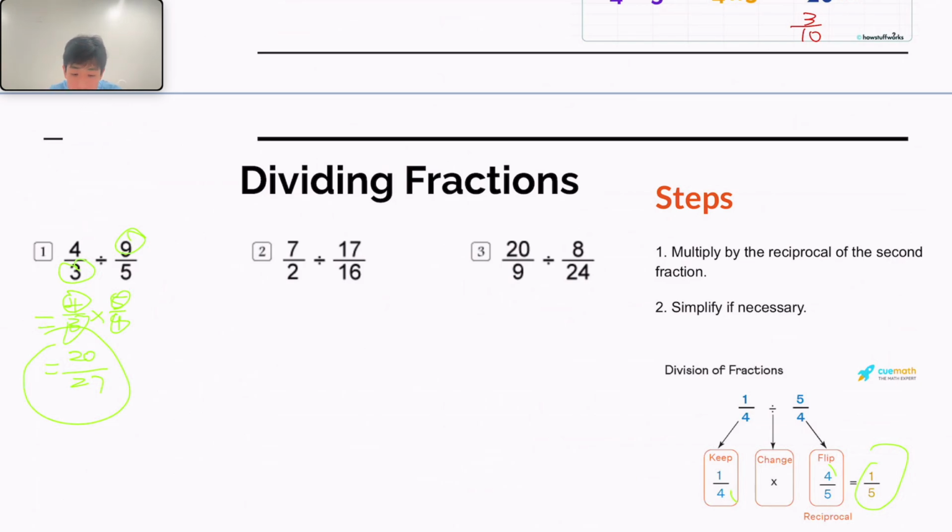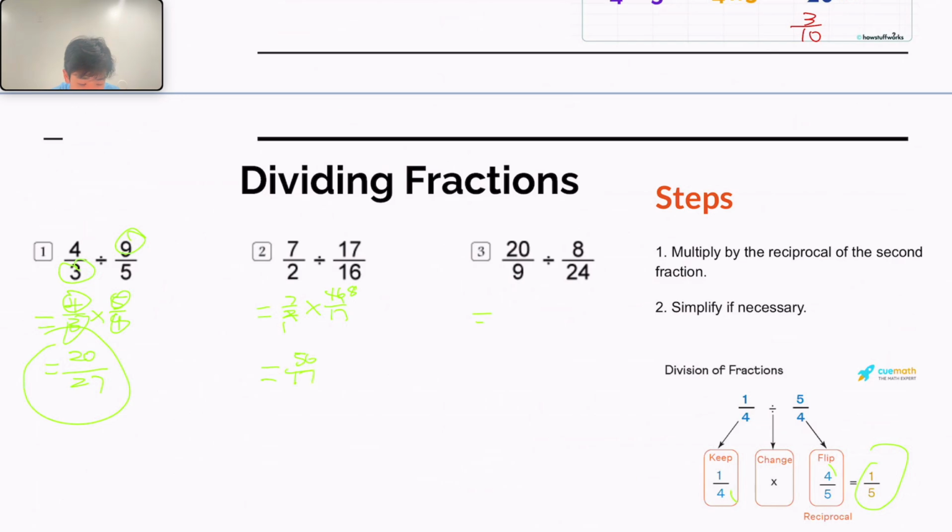In this case here, 7 over 2, this will just multiply by 16 over 7. You multiply by the reciprocal, you flip it, and we can simplify this into 1, this into 8. So 7 times 8 will equal 56 over 17.